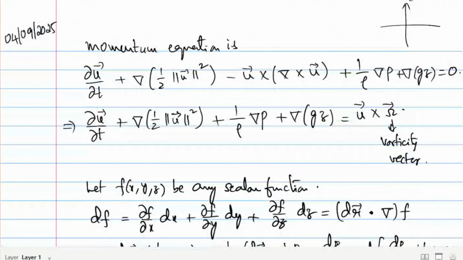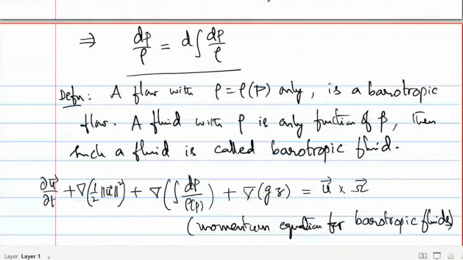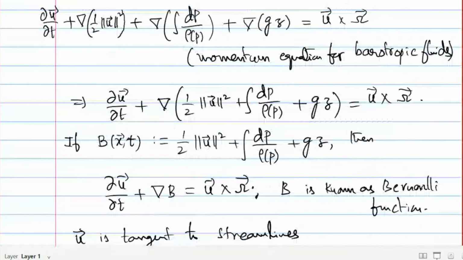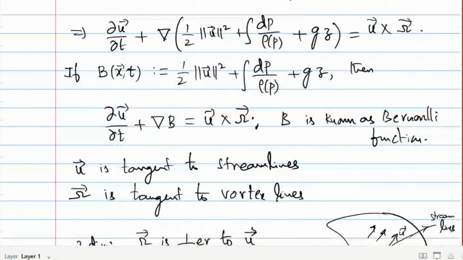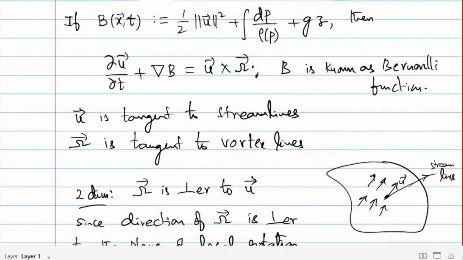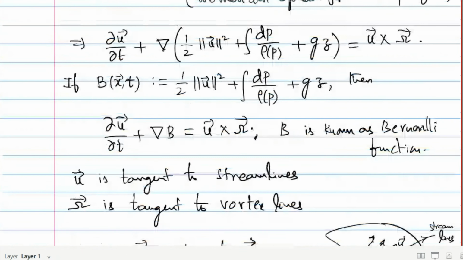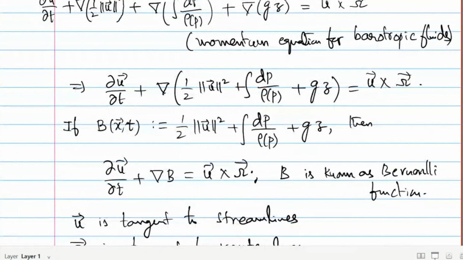So this is what we have done. We have taken the momentum equation for barotropic fluids, and we wrote it like this, where we introduced the Bernoulli function. So the momentum equation for barotropic fluid is like this, right?